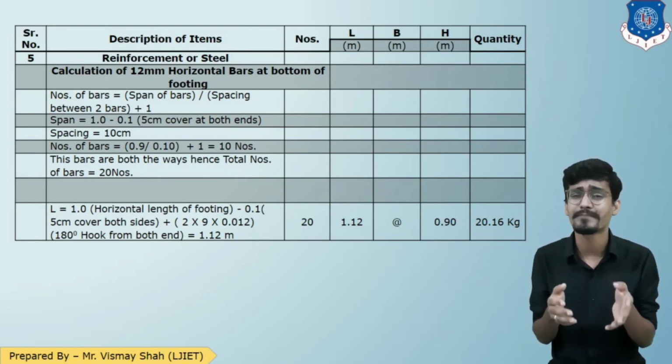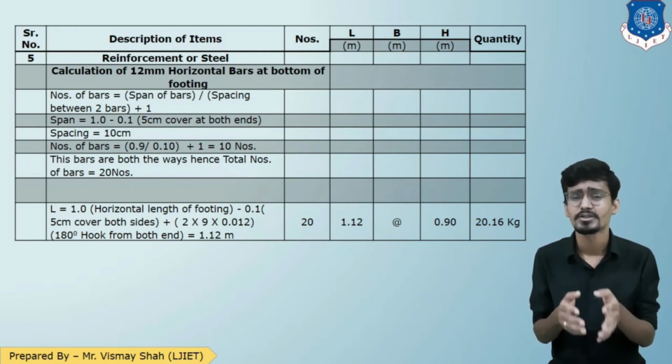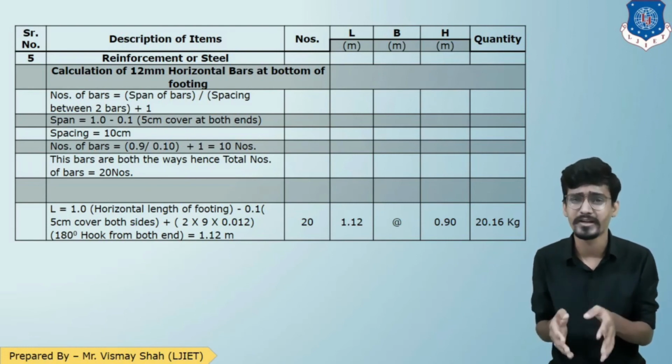So plus 2 times 9D. So we'll get the length as 1.12 meter. So 20 numbers, 1.12 meter, and the weight is 0.90 kg per meter. So we'll get the quantity for this 12 mm as 20.60 kg. So I hope we are clear up to this point.